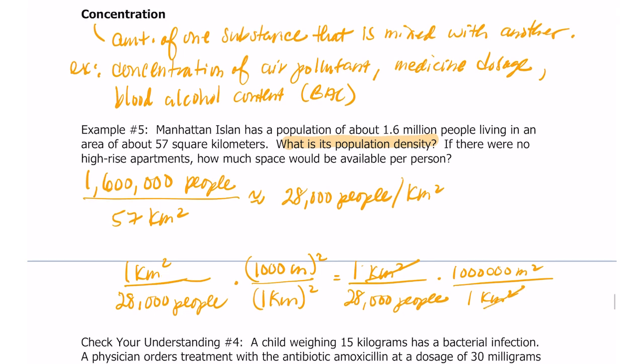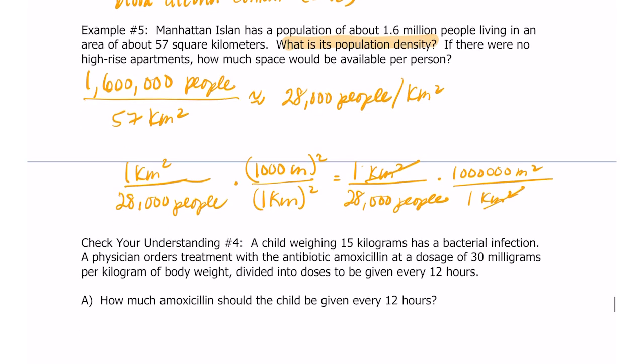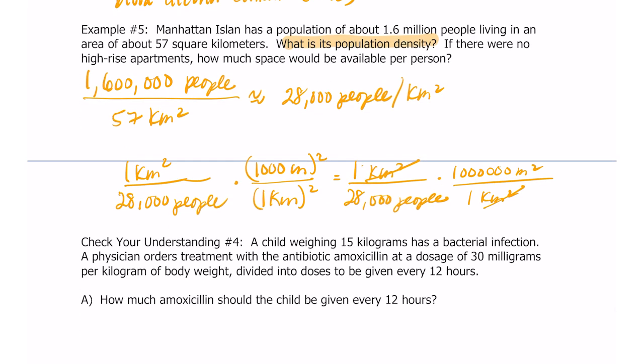It's because I'm just trying to figure out in meters how many square meters one person can fit in. So here you've got 1 million divided by 28,000. And if I get a rough estimate for that, it comes out to about 36 square meters per person.